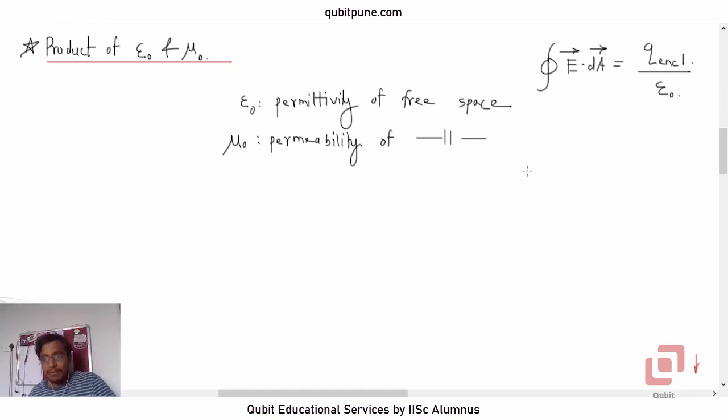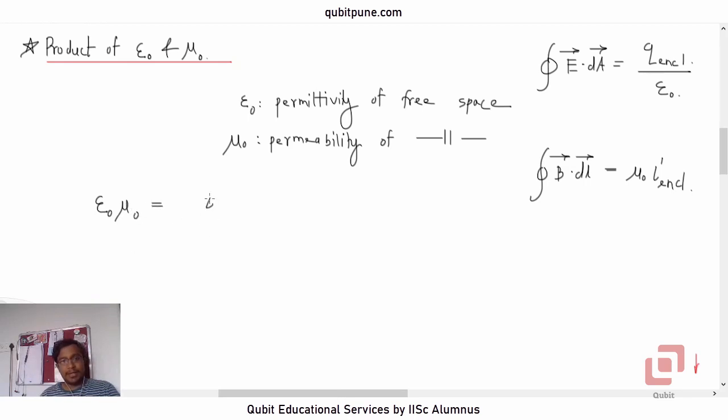And now we will see that in Ampere's law the constant of proportionality is mu naught. Now it so happens that if we take epsilon naught and mu naught, the product, we may write it as follows.